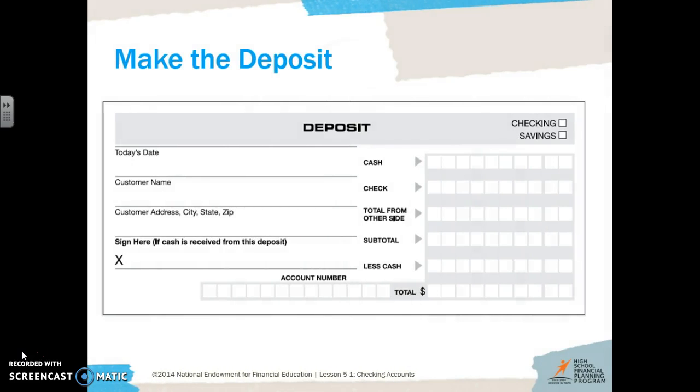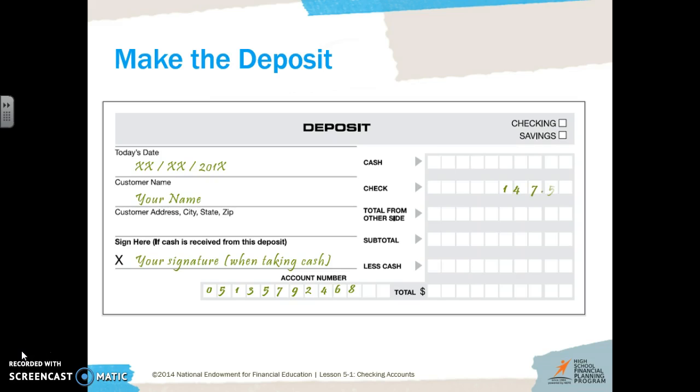We also talked about a deposit slip. What is a deposit slip for? How do you get money into your checking account? Using a deposit slip can help you and help the bank teller put money into your checking account, or even a savings account if you have one. You'd write the date, your name, and your signature when you're taking cash.